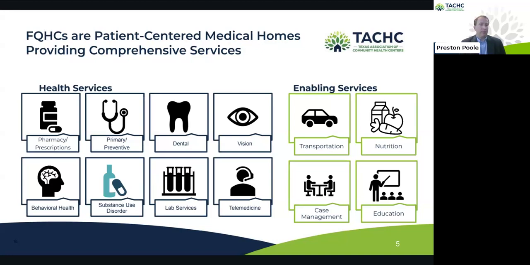Many health centers also offer other enabling services, so transportation options, nutrition. Some have really great relationships with food banks or operate their own food banks, as well as case management and enrollment services.